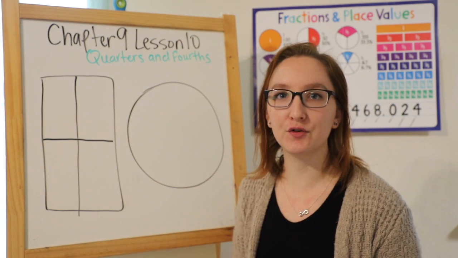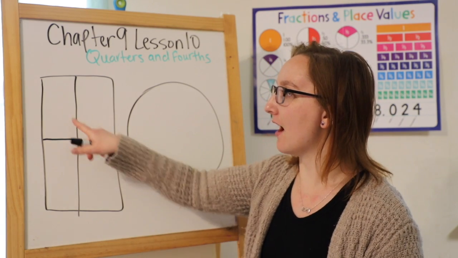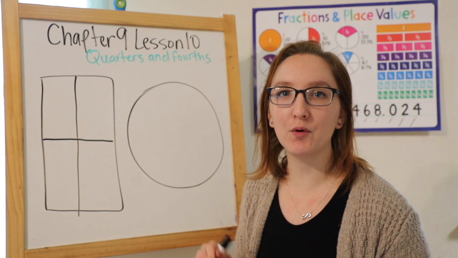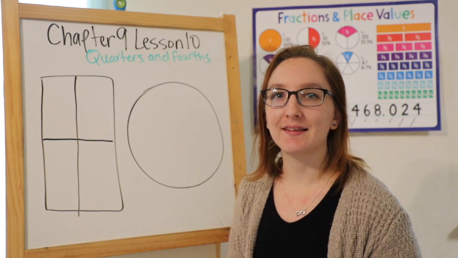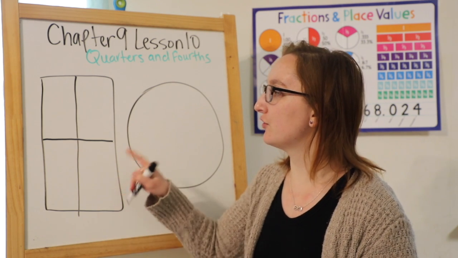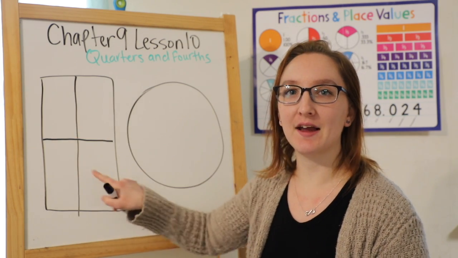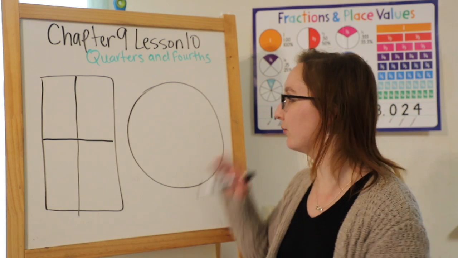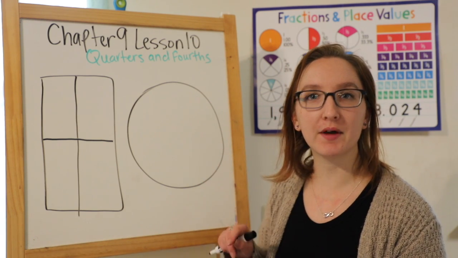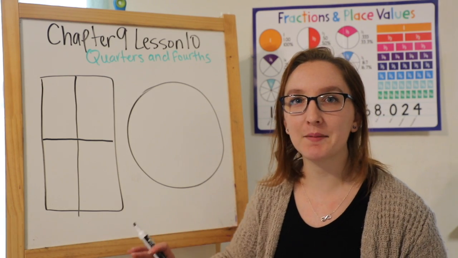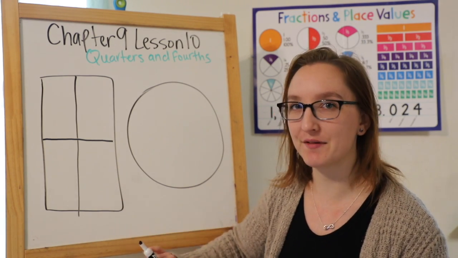Now when I draw those 2 lines, I have 1, 2, 3, 4 equal parts. So I was able to draw 2 lines and separate my rectangle into 4 equal parts. Alright, next we are going to do the same thing with our circle, following the same exact steps that I took with my rectangle.